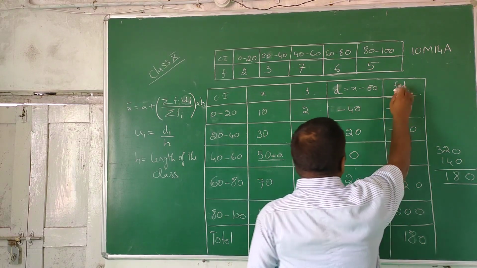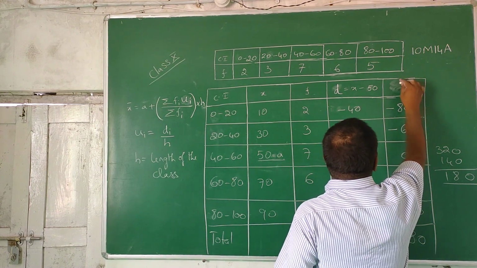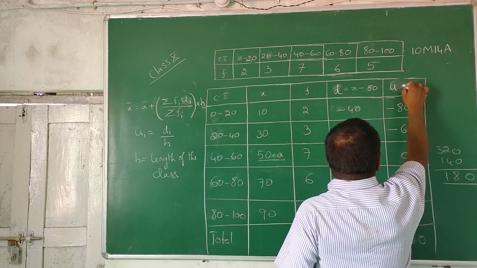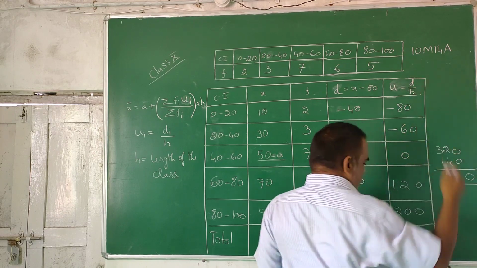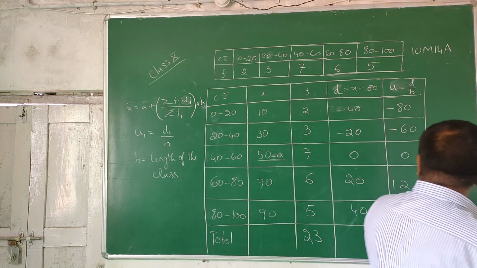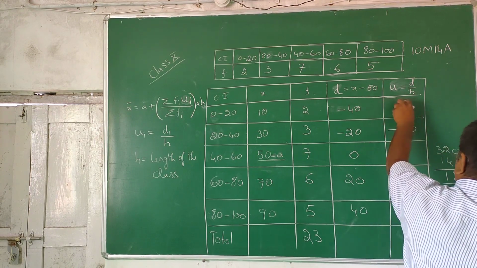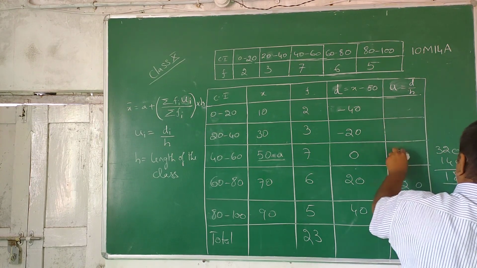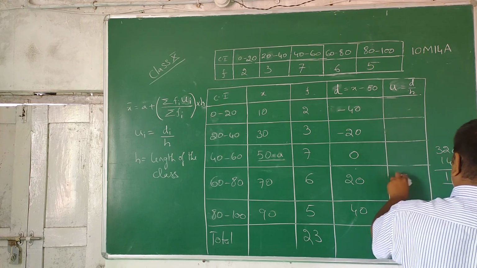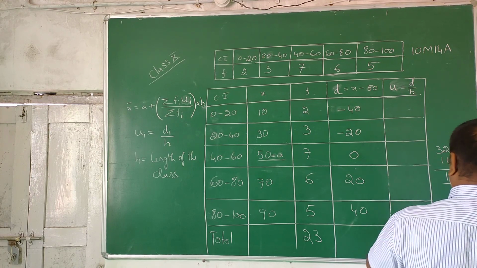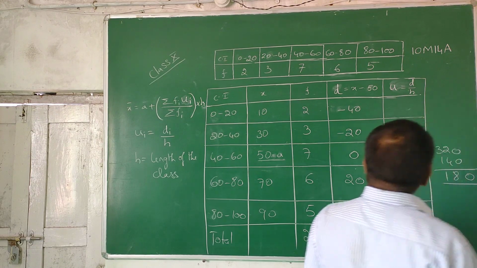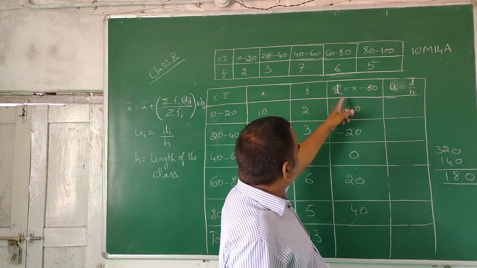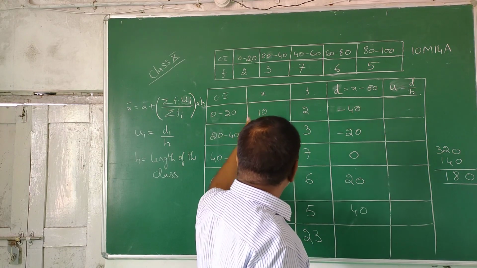Here there will be one more block for u. u is equal to d by h. This is the one more block, which differs from the previous method. So d is this, and already we have seen that h is 20.